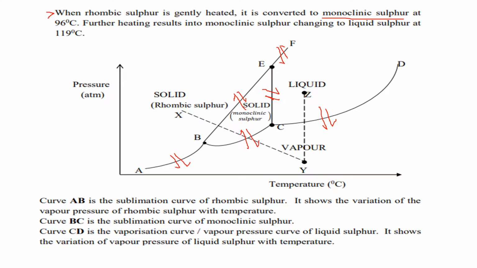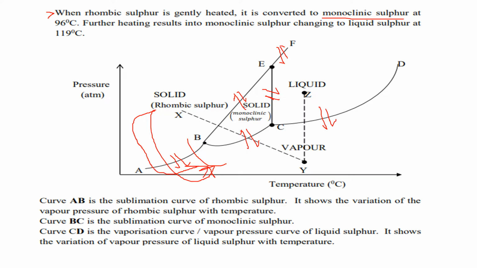Like if you look at this phase and this phase, this is showing that solid rhombic sulfur is getting converted to vapor sulfur. And what is the process of converting a solid to vapor? It's called sublimation. So curve AB is going to be called the sublimation curve of rhombic sulfur.